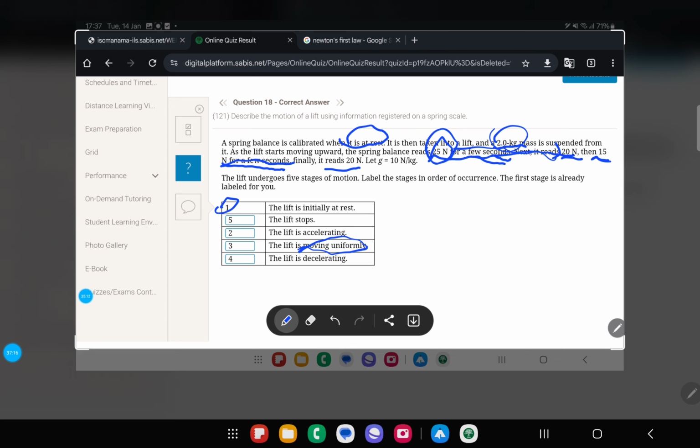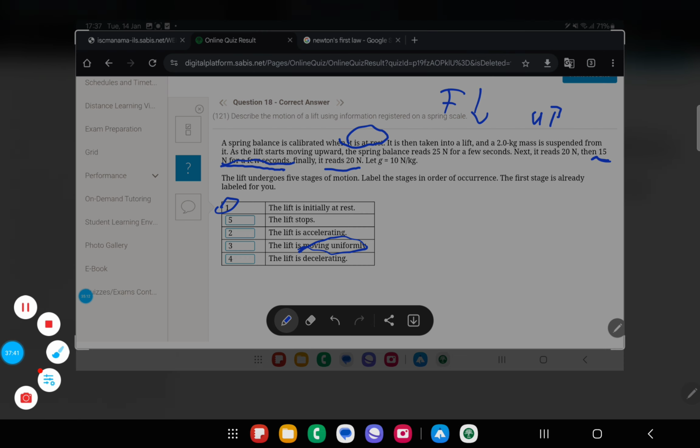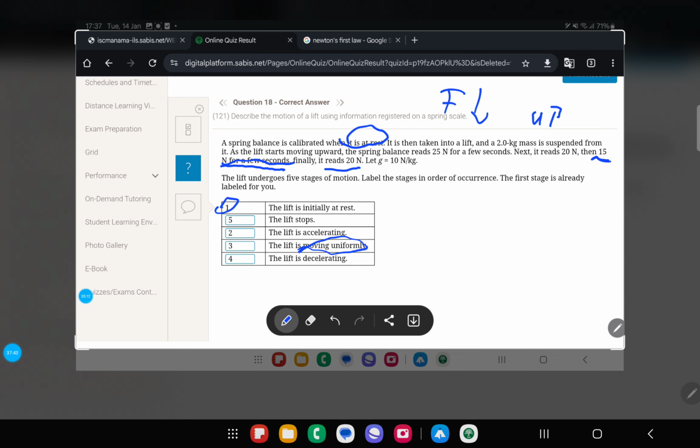By the way, if you're asking why it accelerated since force is less, let me just erase this. Look, when there's less force, there's more acceleration. Because remember, when there's zero net force, yeah, so when zero net force, there is acceleration, right?